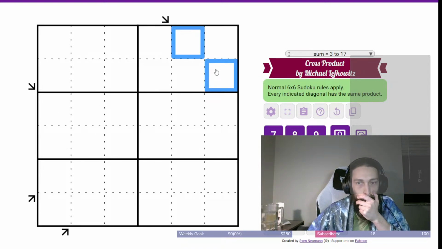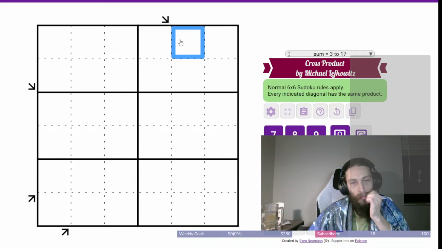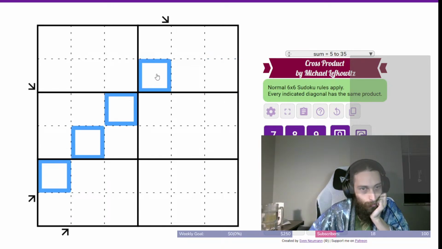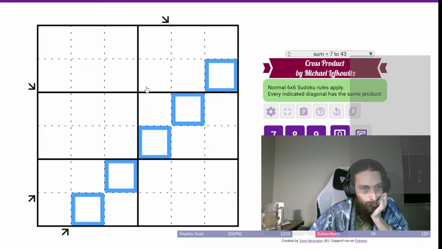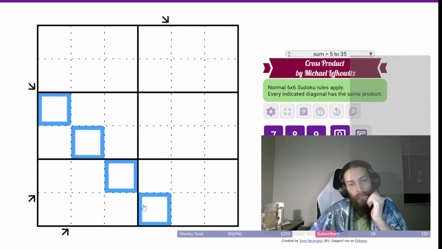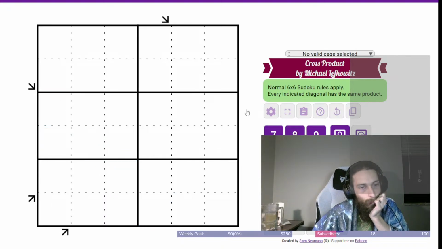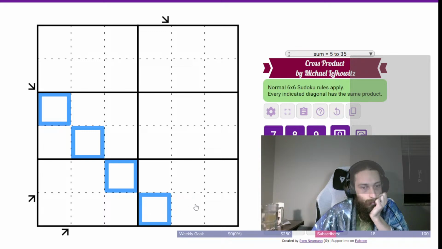Well, I guess the maximum there is 30. 1, 2, 3, 4, 5. Of course, if I put any 1s along there, well, the minimum this could be is 2.